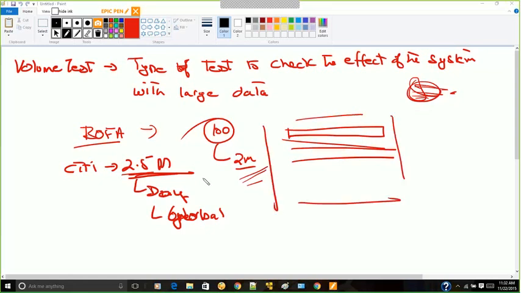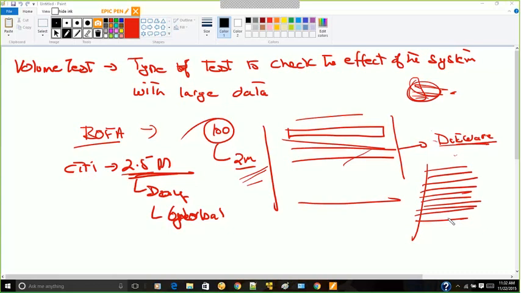My team sits and processes all these transactions and puts them into a data warehouse. That's a huge database. This data warehouse can handle billions and trillions of transactions. So we move it into this data warehouse, and it is increasing its rows day by day.